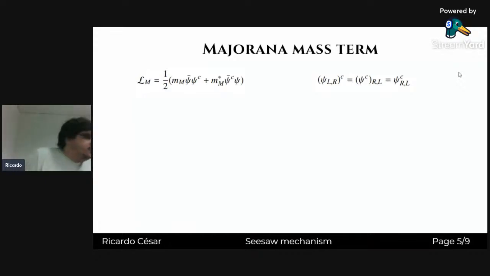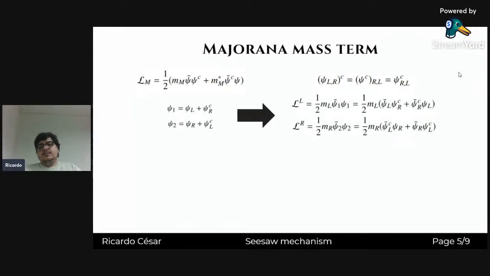Okay, this is just because of this property here: C gamma 5 equals minus gamma 5 C. So when you commute the C with the gamma 5 of the chirality operators, you have the change in chirality.